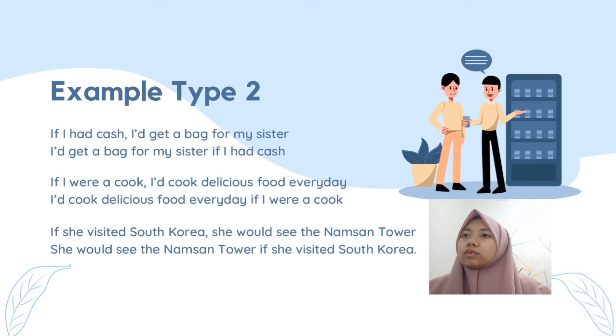And then for the last example: if she visited South Korea, she would see the Namsan Tower. She would see the Namsan Tower if she visited South Korea. It means, in fact, she did not visit South Korea, so she would not see the Namsan Tower.